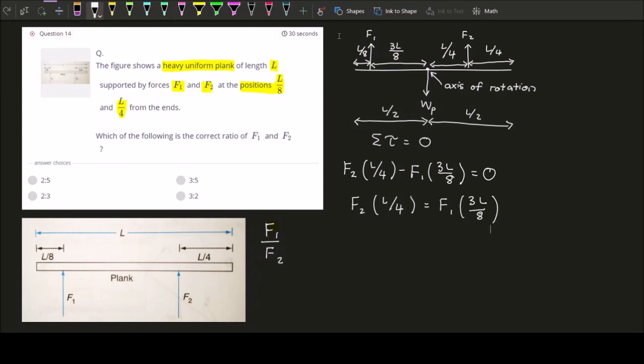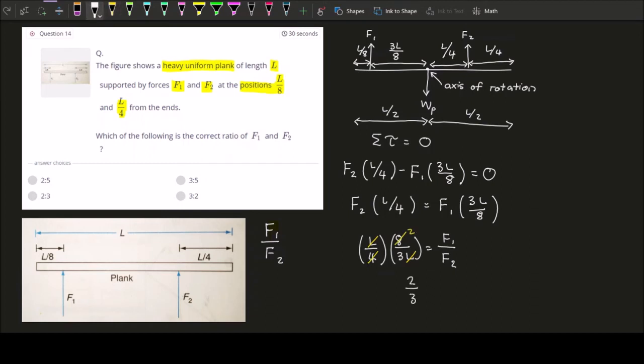Well, we want to build an equation which is F1 over F2, so we bring this F2 over to the right hand side. So you have F1 over F2, then the rest you shift also, and this will be 8 over 3L. So now you can cancel L, and 4 and 8 cancel, so you are left with 2 over 3.